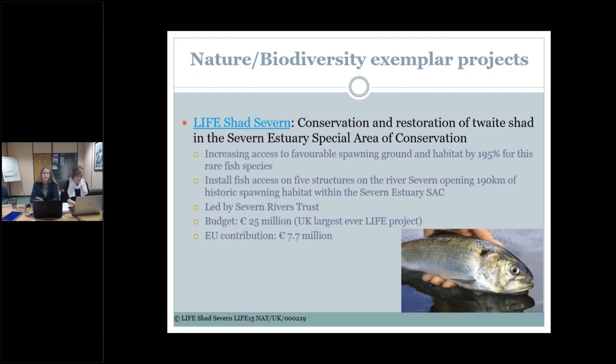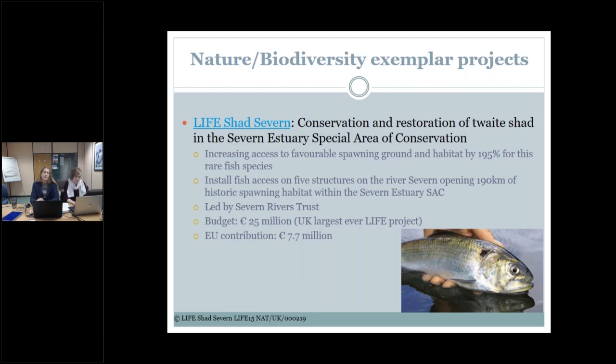This is another nature exemplar project. The LIFE Chart 7 project is the UK's biggest LIFE project with a budget of over 25 million euros and an EU contribution of 7.7 million.